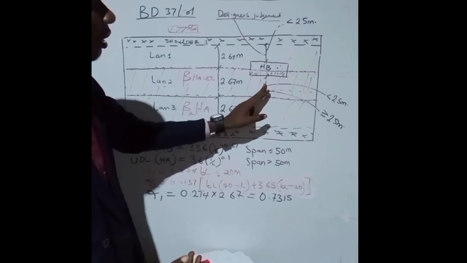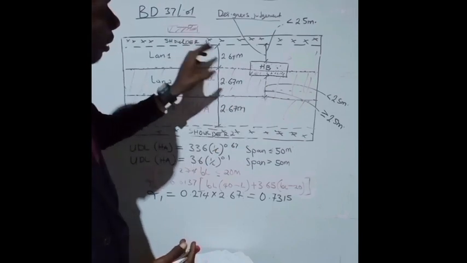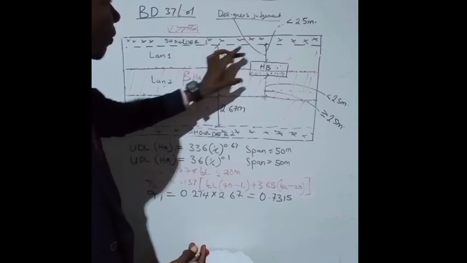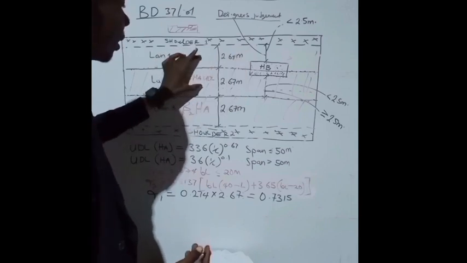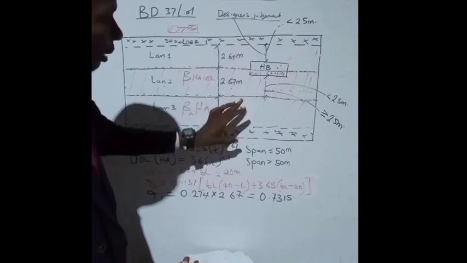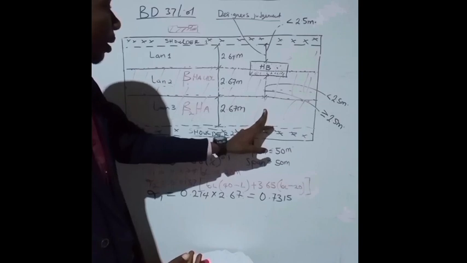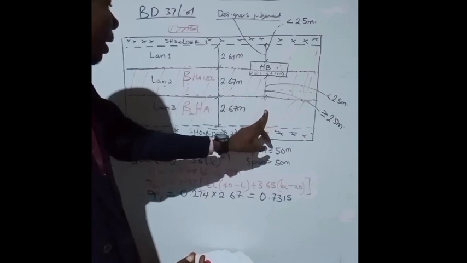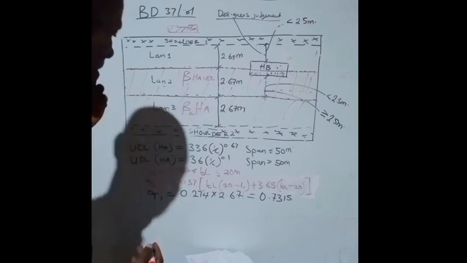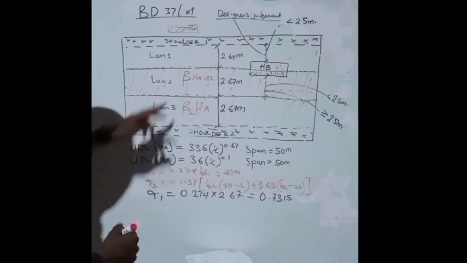And since our figure is lesser than 2.5, we are not going to follow this loading arrangement. The arrangement that will follow is the one whereby the HB vehicle displaces the HAUDL of these two lanes. And if it does that, what takes precedence is the next lane, which will be loaded with beta HA load, not HAUDL. Okay. So now we need to get beta HA load, not HAUDL.